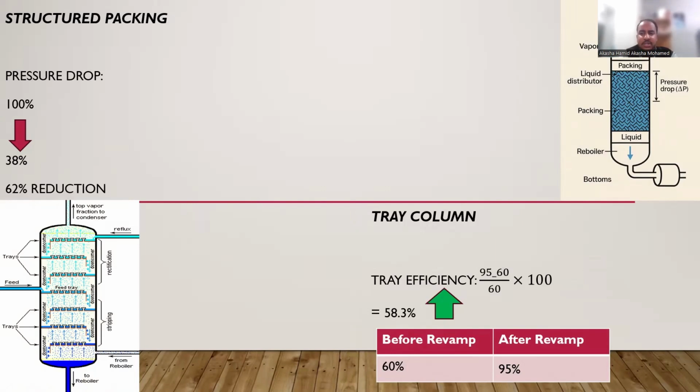The packed column achieved a 62% reduction in pressure drop while maintaining excellent mass transfer characteristics. These calculations show that tray columns maximize separation efficiency, whereas packed columns maximize hydraulic efficiency.